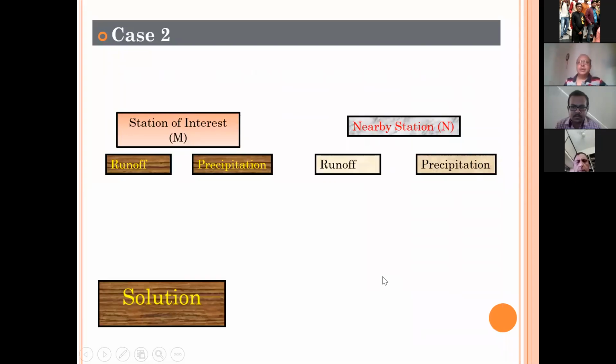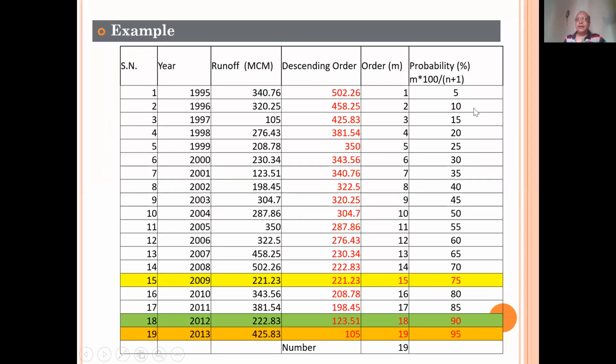Values, and then we give that m divided by n plus 1, that is called probability position, and we can determine it. What will be the runoff at 75%, how much will be the yield at 90% and 95%. So in that way we can determine.